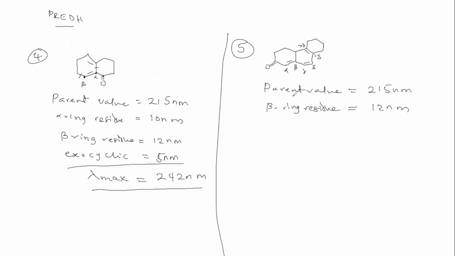Then also at greater than delta, we have this, this, and this, joined to them. So we're going to be having 3 greater than delta ring residues. So that's 3 times 18. That's going to be 54 nanometers.